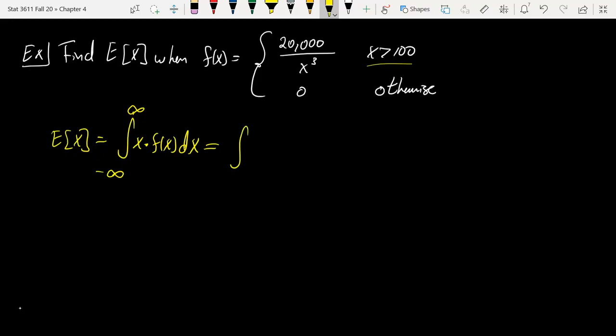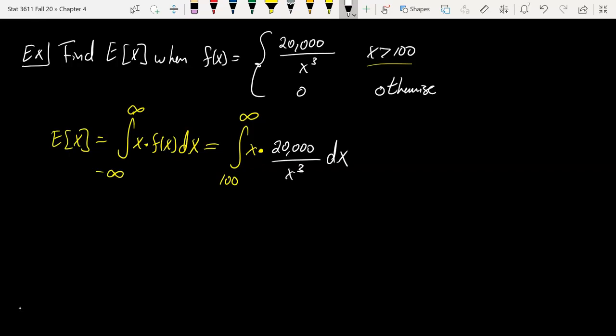So our lower bound, x is greater than 100, so we should go from 100 on to infinity. x times f of x dx. So you're just going to substitute in f of x. So we have x times, and then what is f of x here? f of x is 20,000 over x cubed dx.